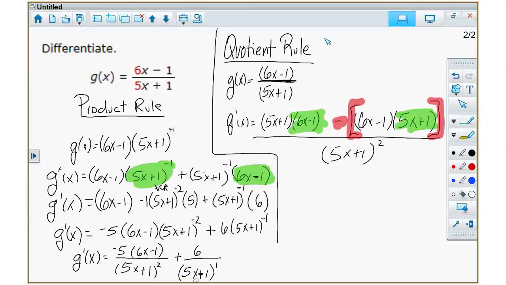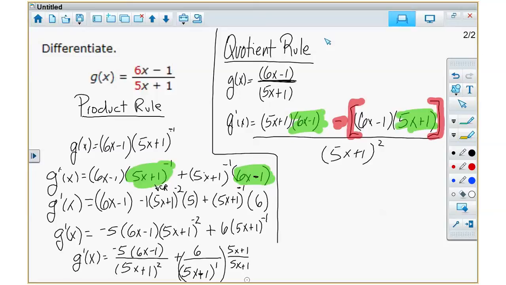All right, 5x plus 1, quantity squared, and 5x. So I'm going to multiply this one right here by 5x plus 1 over 5x plus 1. What's 5x plus 1 over 5x plus 1? 1. So I'm just multiplying it by a factor of 1.